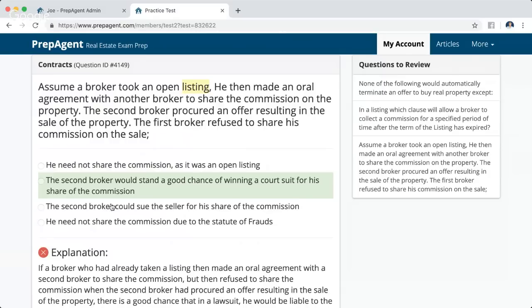The answer is B. The second broker would stand a good chance of winning a court suit for his share of the commission. So a lot of you guys got that right. Why is that?